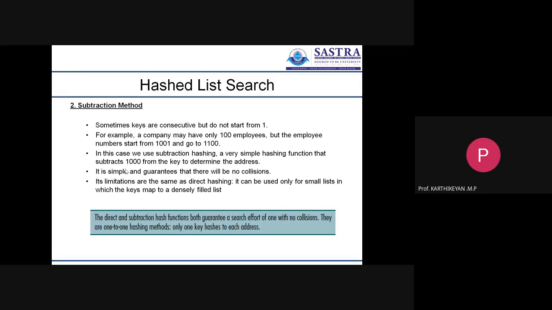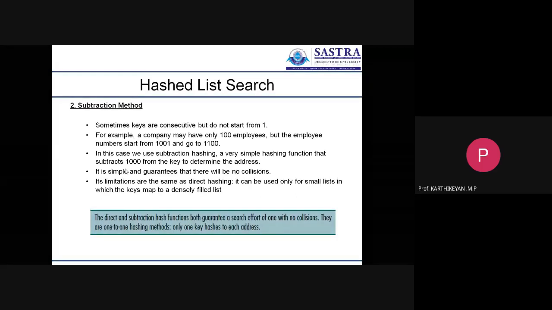So what is the hash function here? Subtracting some constant from the key. Here the key is the employee ID: 1001, 1002, 1003, 1004 up to 1100. So this is the key. The hash function we apply is employee ID minus constant, where the constant is 1000.